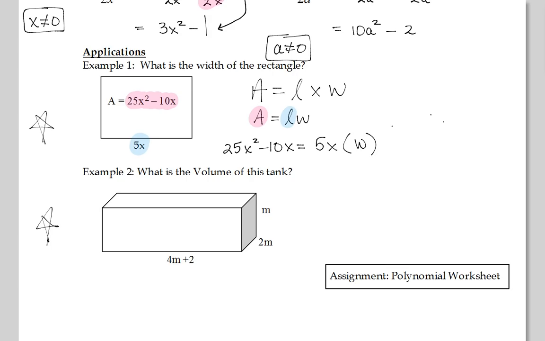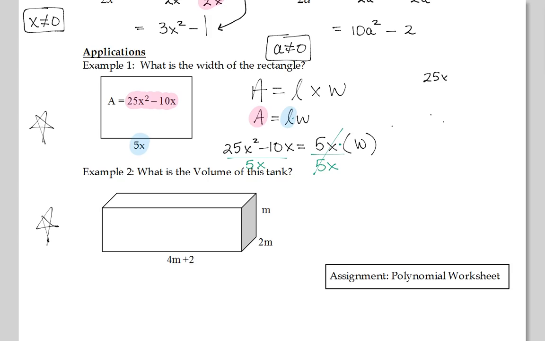So 5x times the width is equal to the area. If I want to solve for the width, w, I would have to do the opposite of times. See how it's length times width? You got to do the opposite of that. So divide out the 5x on both sides. And in that sense, you can solve for the width. It's just an application.